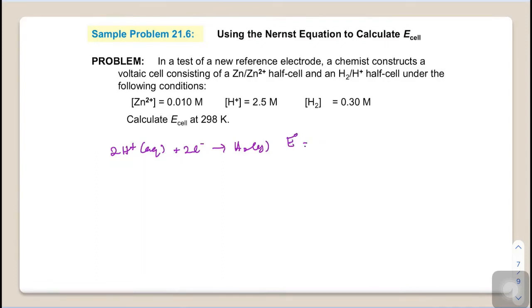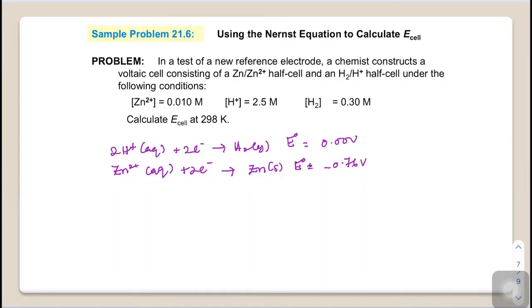The E naught is equal to 0.00 volt. As for zinc reduction, zinc 2 plus aqueous plus 2 electrons turns to zinc solid. The E naught that is given is equal to negative 0.76 volt.